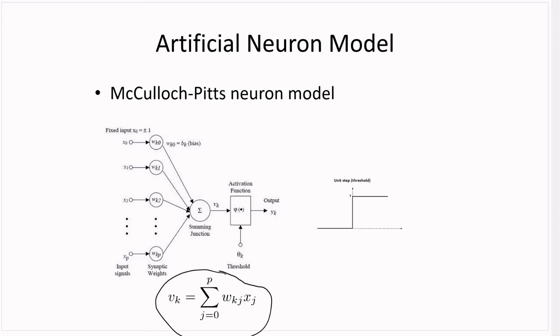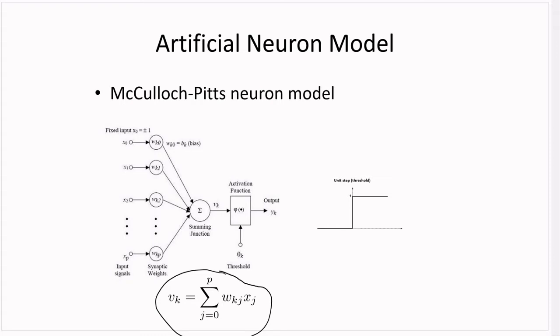A model of the biological neuron was proposed way back in the mid-40s by McCulloch and Pitts, and that is the artificial neuron model we are looking at here.